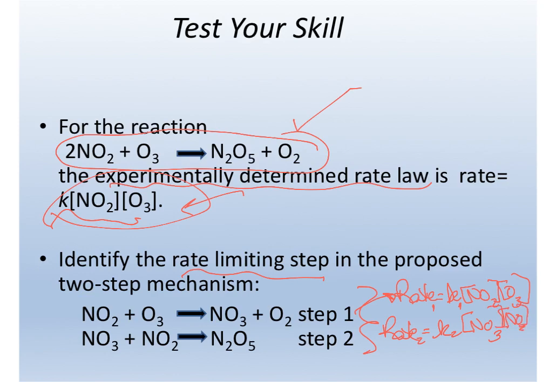Which of these two matches what they gave us? The first one. So that is the slow step or the rate determining step, saying the same thing.